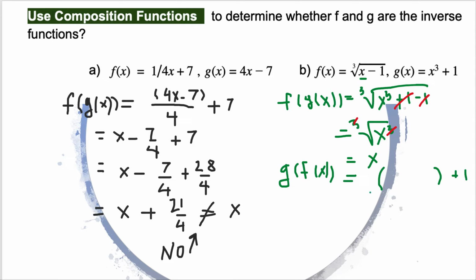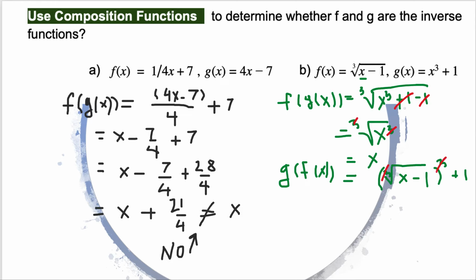The function f of x is the cubic root of x minus 1, and here we have it cubed. Here is x minus 1.